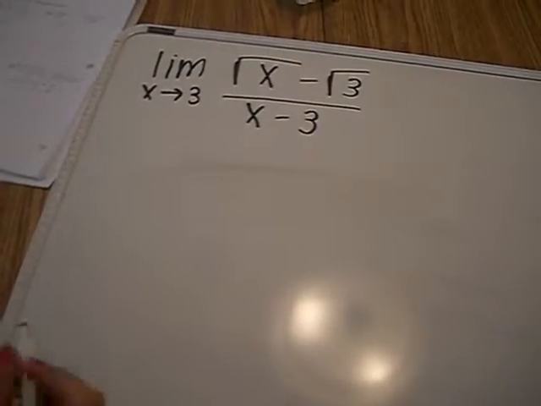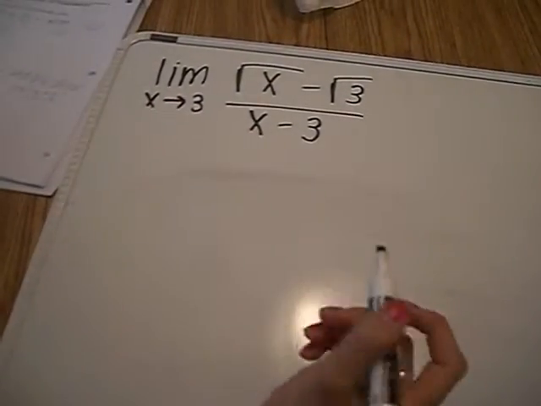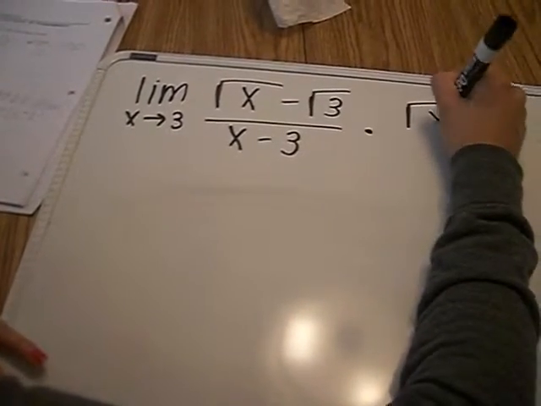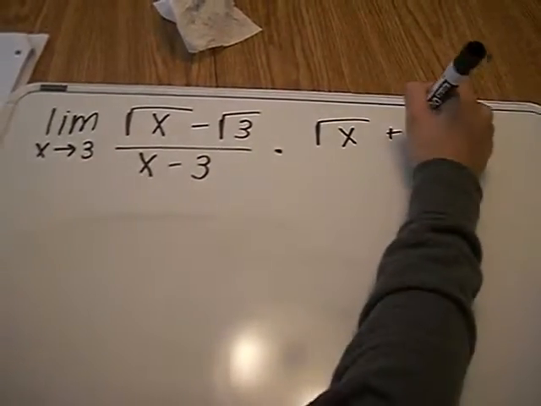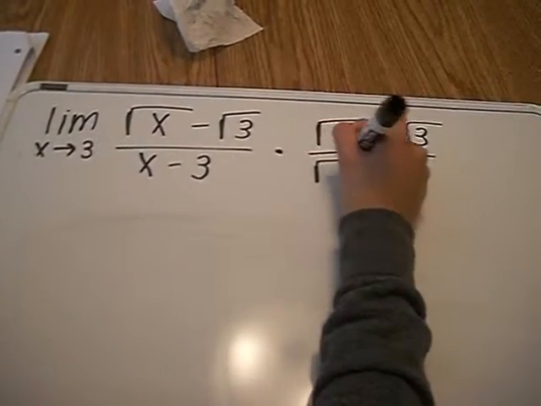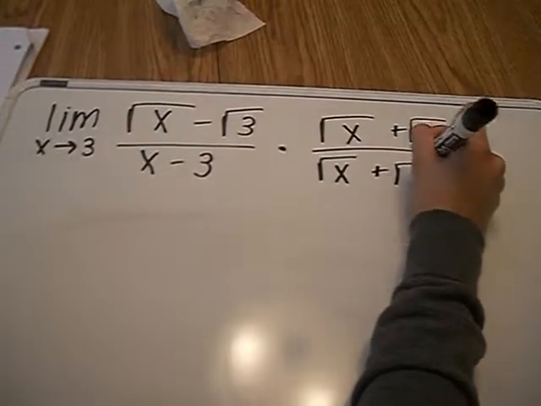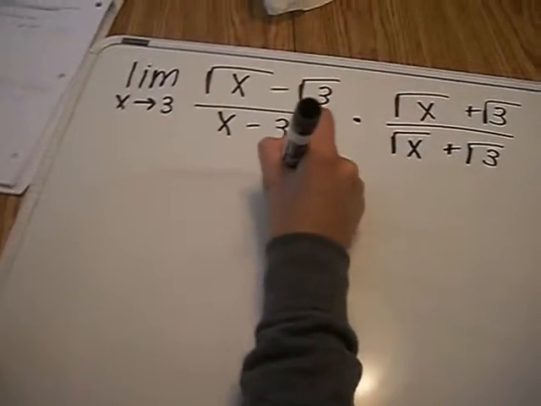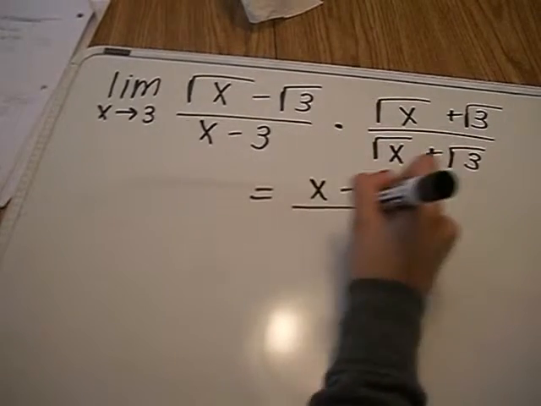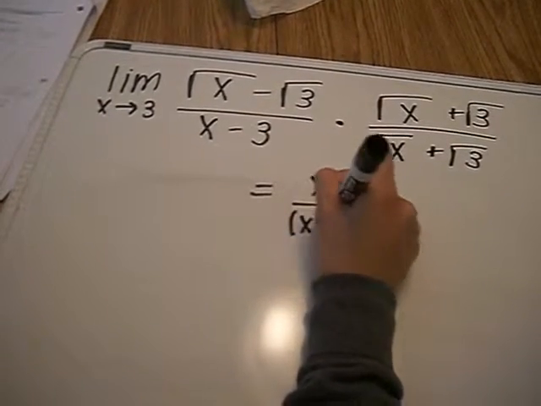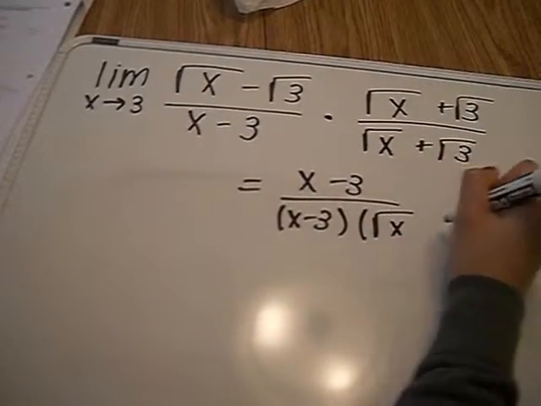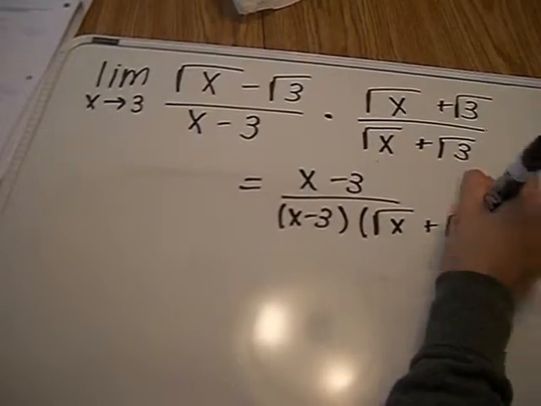And we have to look at this problem and we say, well, what can we do? How about a conjugate? So we're going to multiply this by the square root of x plus the square root of 3 all over square root of x plus square root of 3. This will give us x minus 3 all over x minus 3 times the square root of x plus square root of 3.